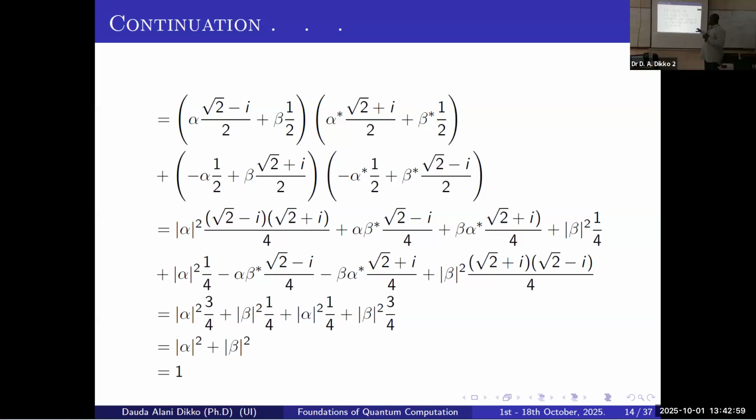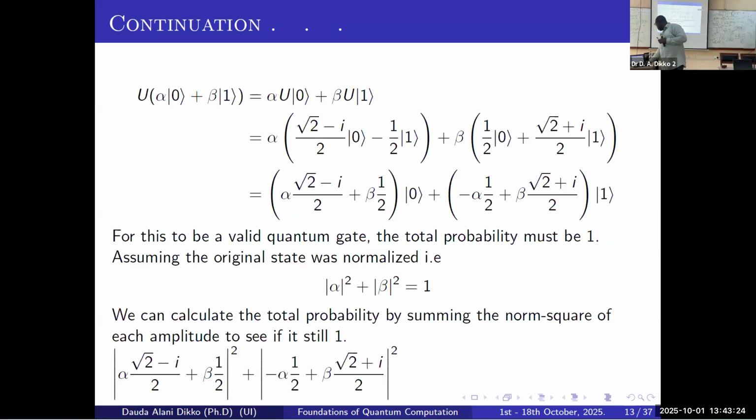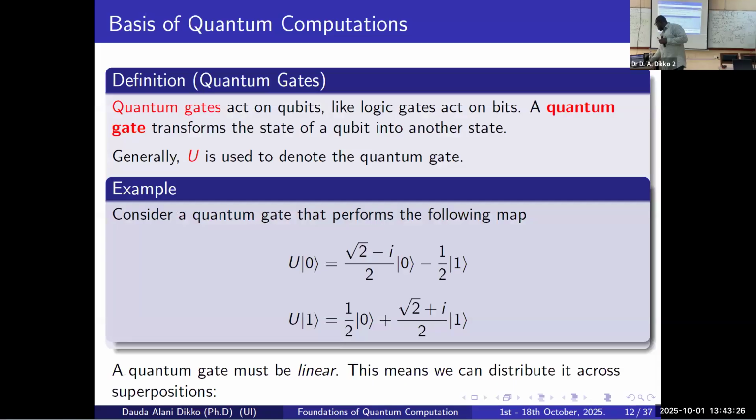When you now simplify it, you can work it out on your own. Break it down, expand, simplify, and you get the absolute value of alpha squared plus beta squared, which is what we are asking you to check, and that gives you 1. That guarantees it to be a quantum bit, like what we wanted to do, to show that this is a quantum gate.